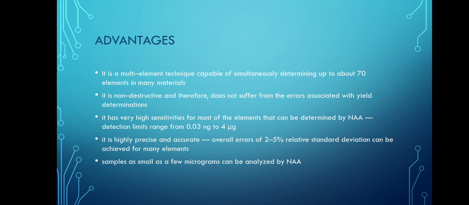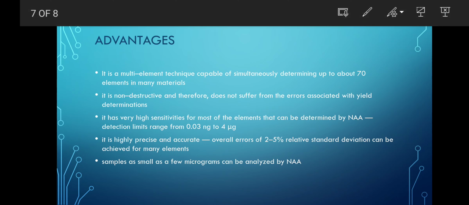The advantages of this method: it is a multi-elemental technique. Why? Because we can detect as many elements as are present in a particular sample. It is capable of simultaneously determining up to about 70 elements in many materials. See the capacity of it.